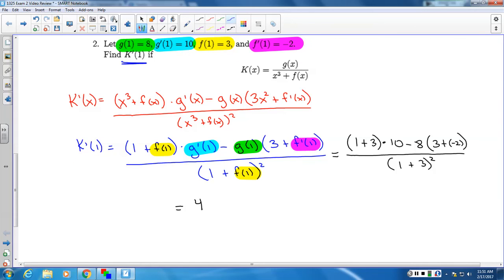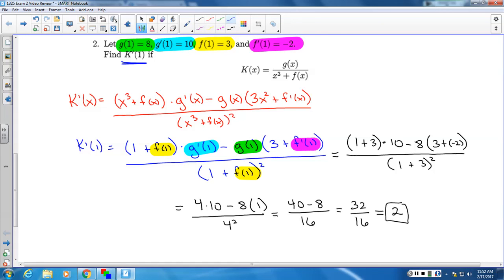That gives me 4 times 10 minus 8 times 3 plus negative 2 is 1 over 4 squared. So I have 40 minus 8 over 16, which is 32 over 16, which is 2.